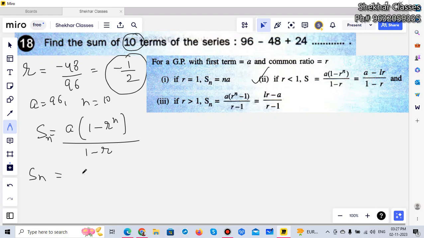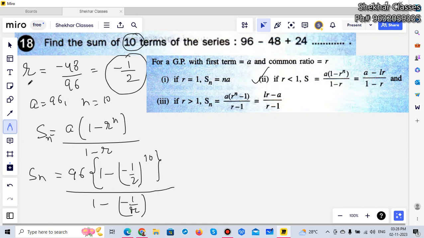So 96 times 1 minus of minus half, the whole to the power 10, the whole thing upon 1 minus of minus half. We will solve it here. It will be S10, basically, that we are finding out.